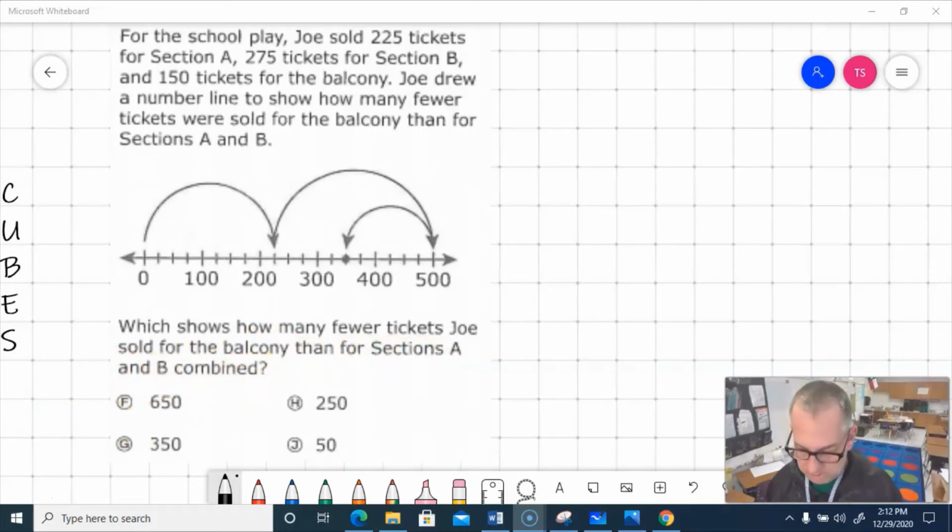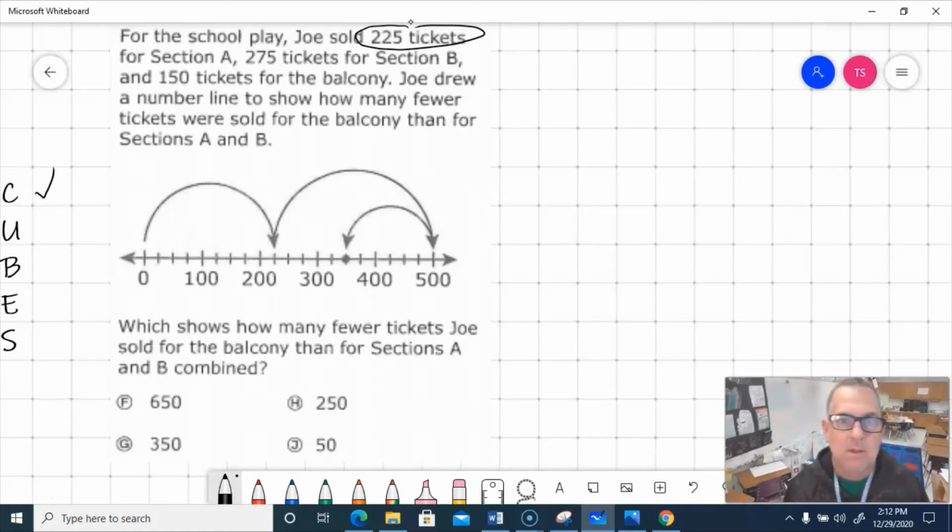So I'm going to go ahead and use my cubes to organize my problem, make sure I understand it. I'm going to circle important information. It looks like 225 tickets for section A, 275 tickets for section B, and 150 tickets for the balcony.